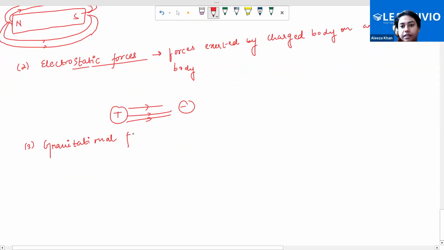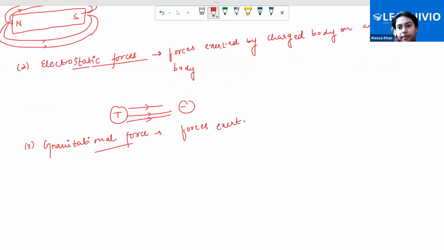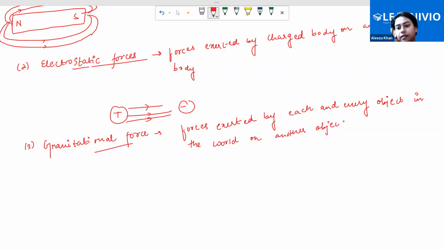Coming on to the gravitational force. So these are the forces exerted by each and every object in the world on another object, which is an attractive force.